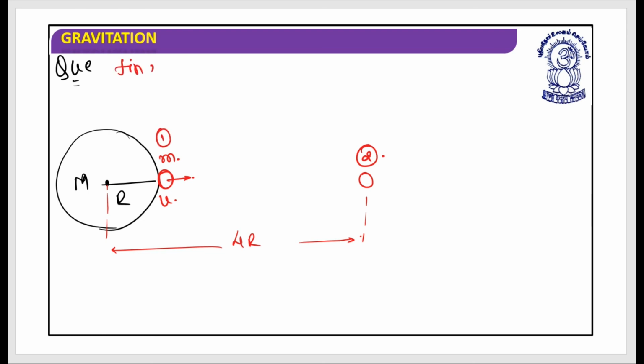They want us to find out the velocity of the object at position 2.